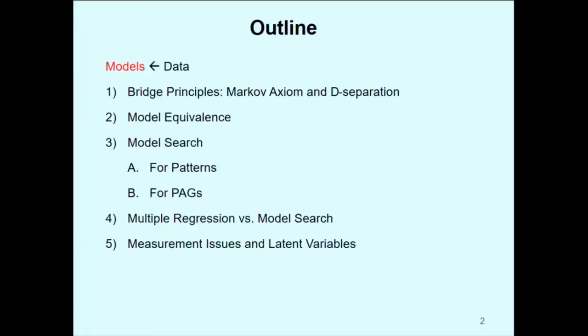And then we went into model search, and we went up through what we do on a basic level to search for patterns, which are equivalence classes that only involve the variables you have in your data set, assuming that there are no hidden common causes that you've left out. And today we're going to relax that assumption and allow for hidden common causes.